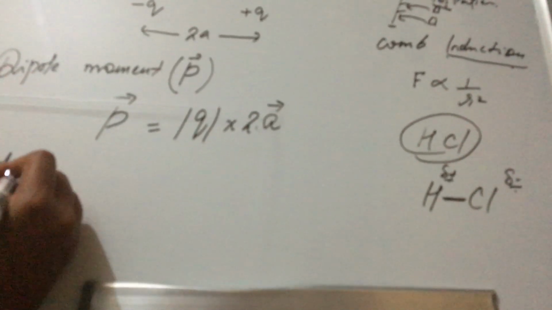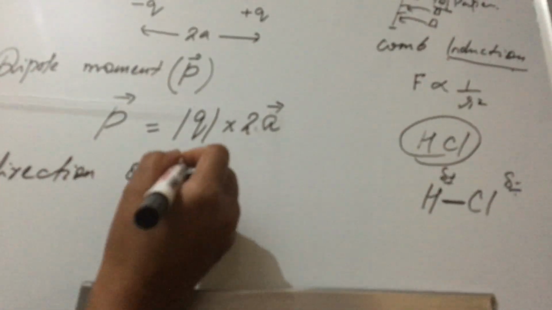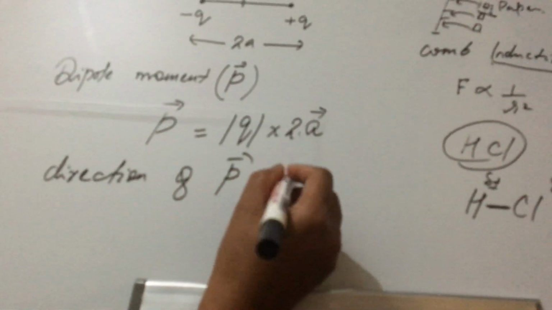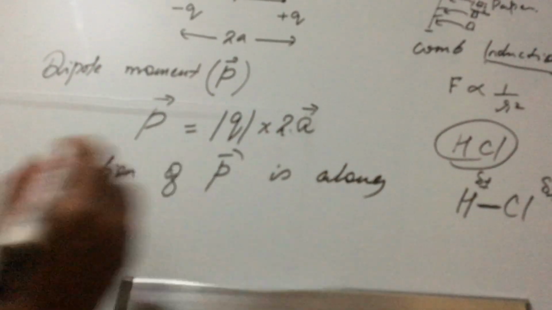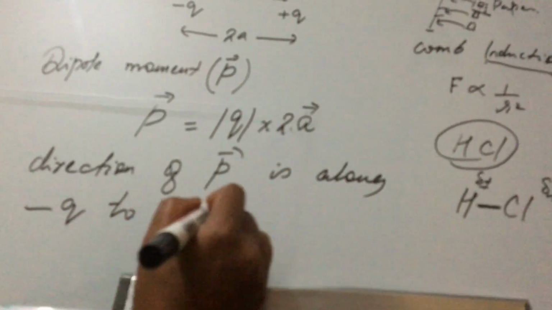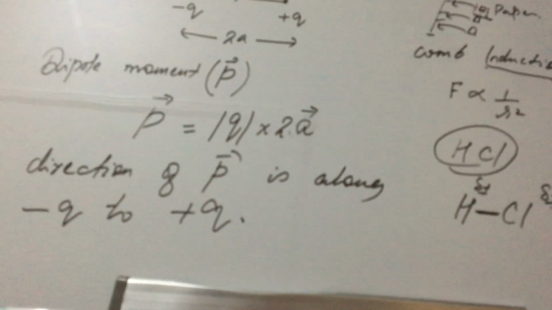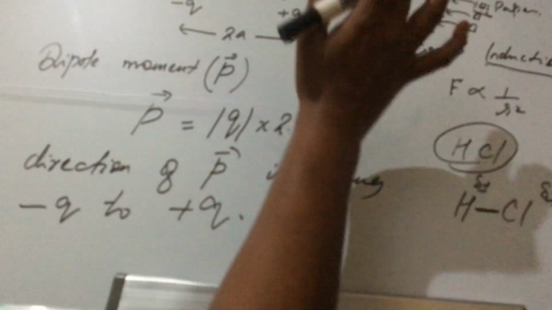As it is a vector quantity, the direction of P is always along a line, from -Q to +Q, right? Clear? So it will be along negative to positive. You have to keep this in your mind.